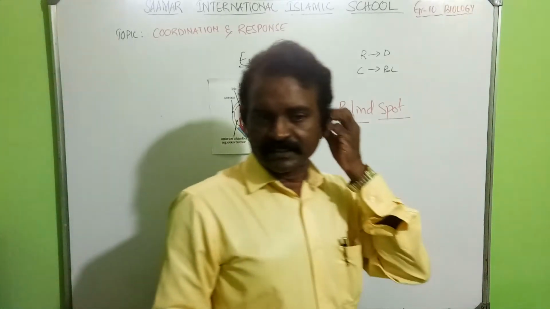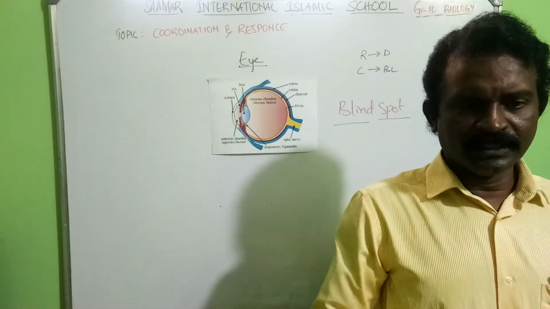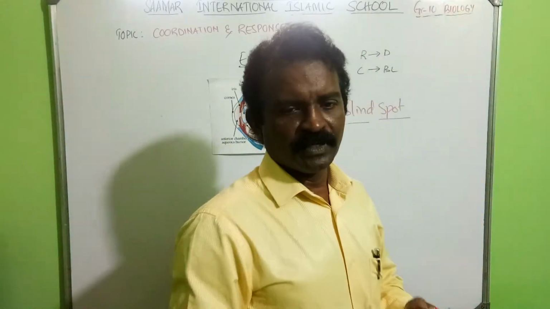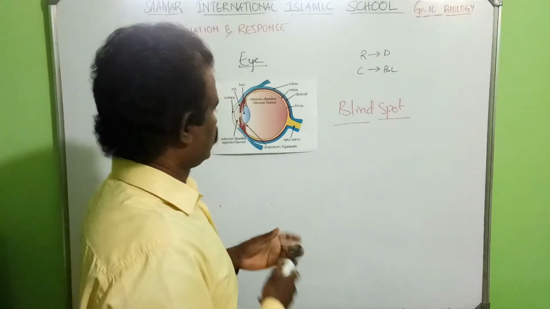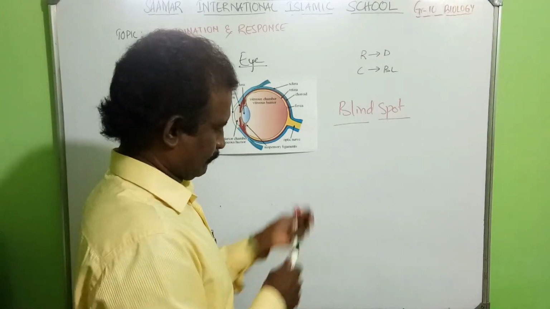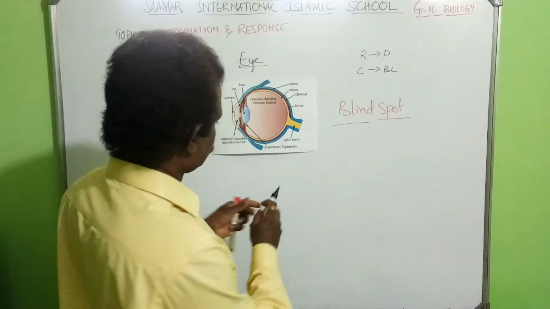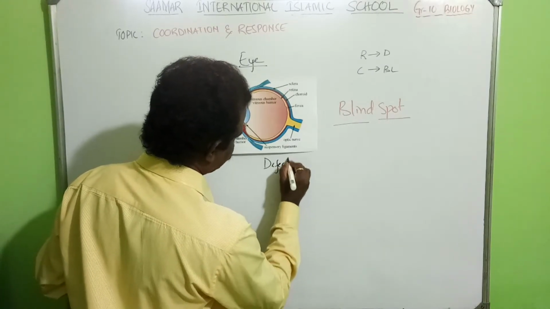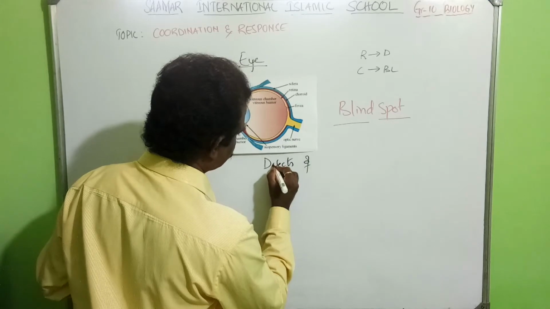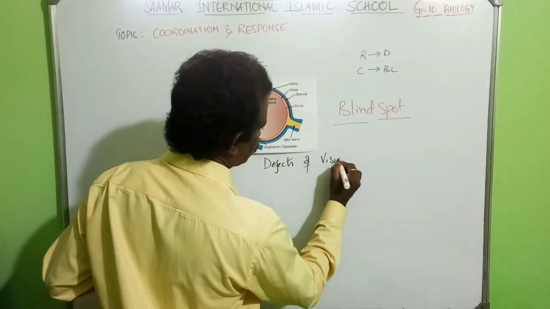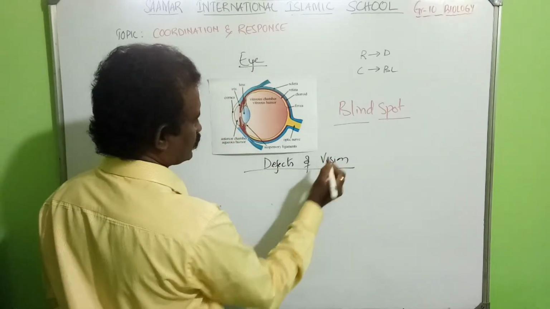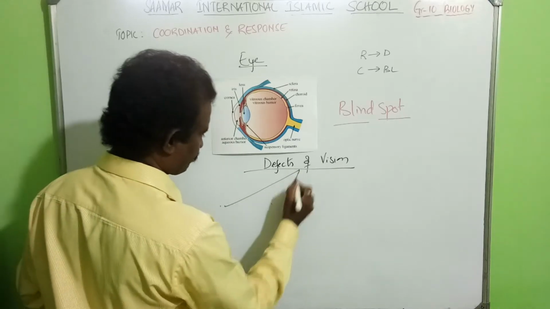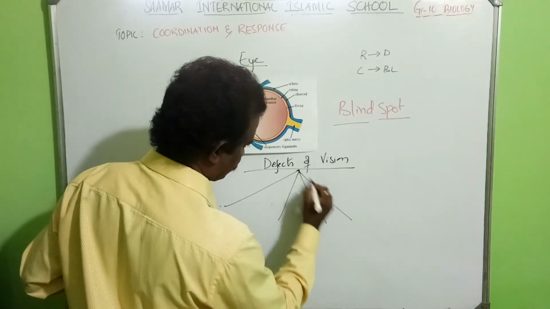Now, let us see what happens here when we see the defects of the eye. Instead of eye, I can say defects of vision. Now there are different types.